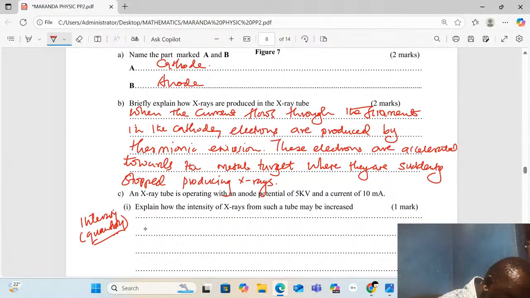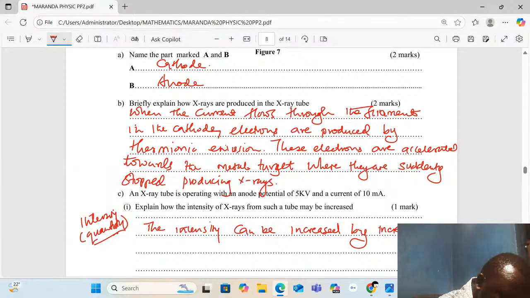So the intensity can be increased by increasing the heating current.